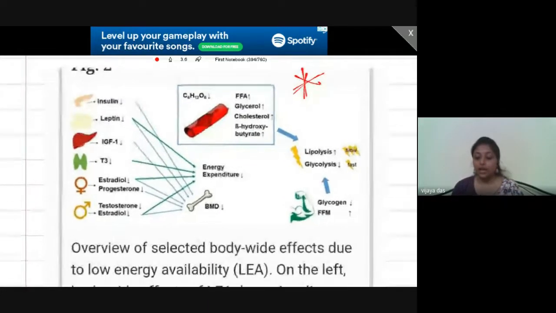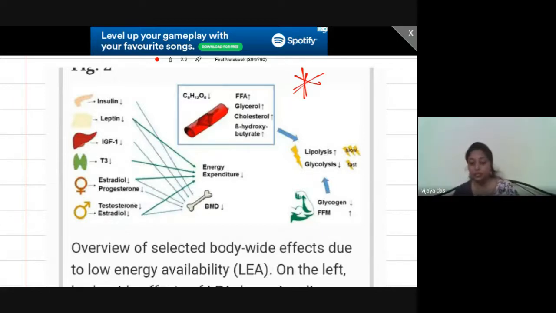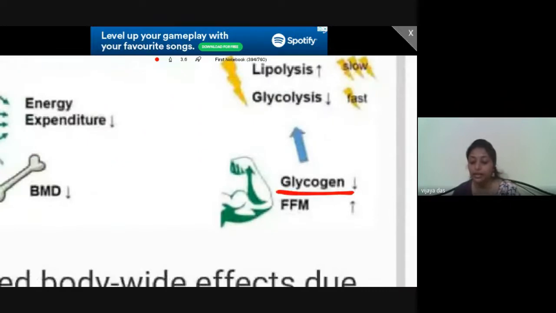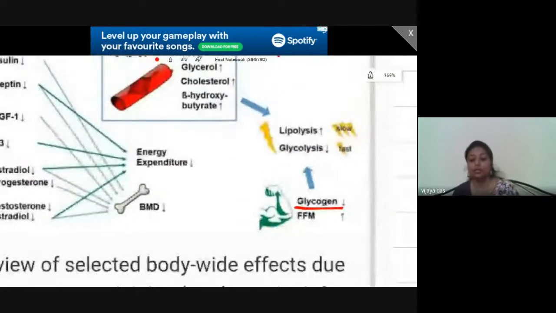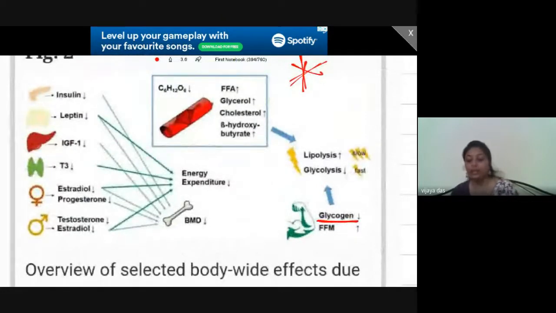See, this is a condition that is being shown for a person who is doing a lot more exercise. तो अगर कोई पर्सन बहुत ज्यादा एक्सरसाइज कर रहा है, which means that the glycogen levels are getting lowered, correct? Glycogen levels are getting lowered, and because the person is doing a lot more exercise, at that time there will be more breaking of fat and less glycolysis. ग्लूकोज ही नहीं है तो glycolysis कैसे होगा, है ना? So there is less glycolysis and more lipolysis, more breaking of fat.